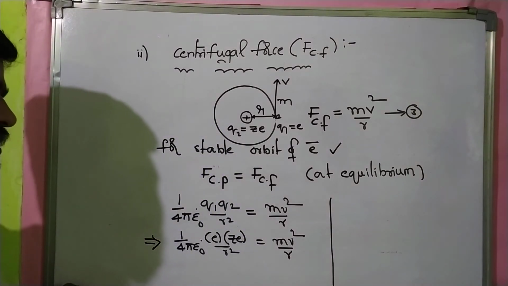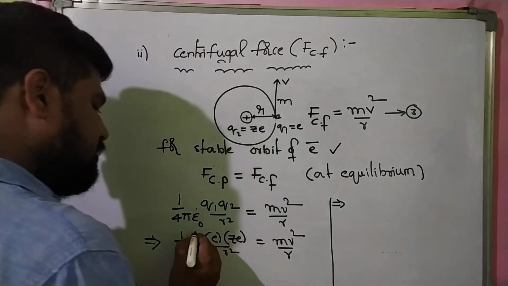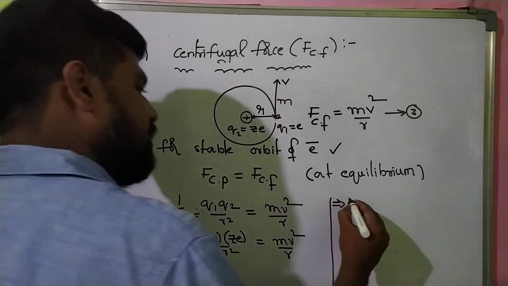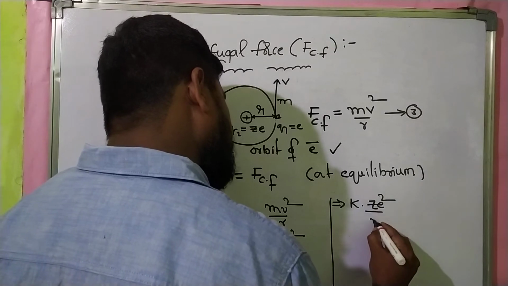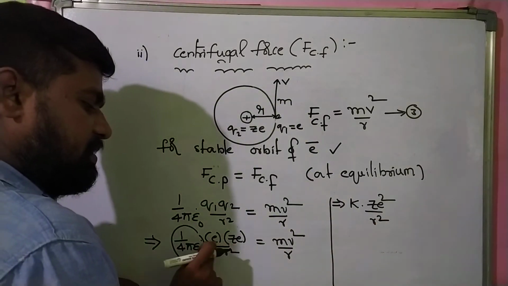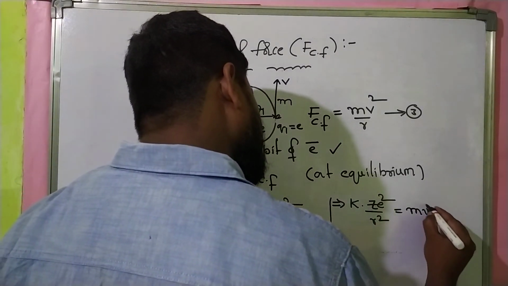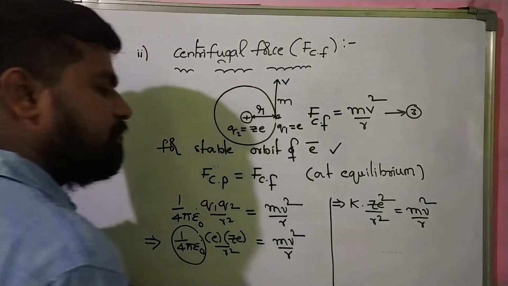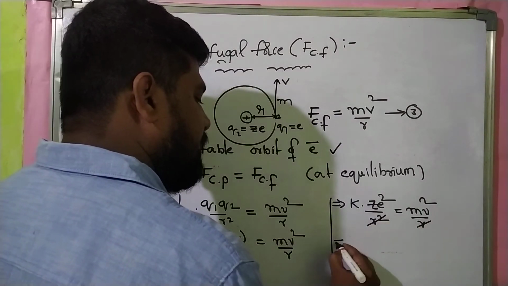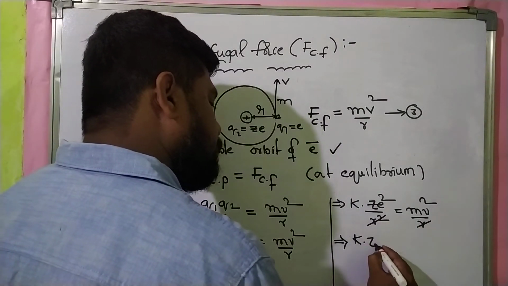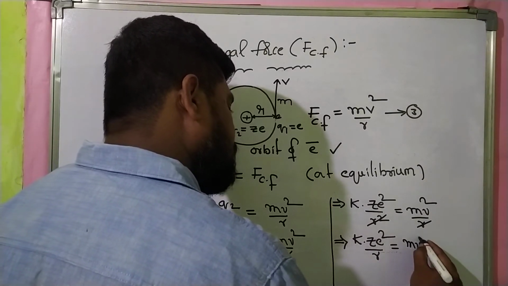Now the equation becomes, this value is taken as K, so K into Z e square by r square equals mv square by r. Here r cancels. Now the equation becomes K into Z e square by r equal to mv square.